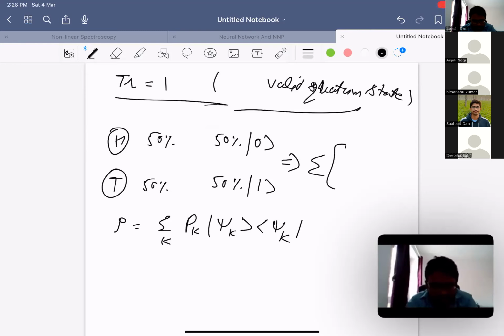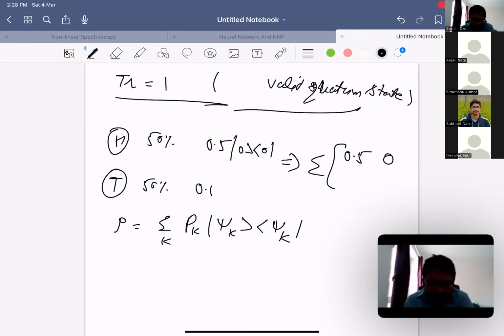Instead of 50%, let me write 0.5 of the zero state and 0.5 of the one state.